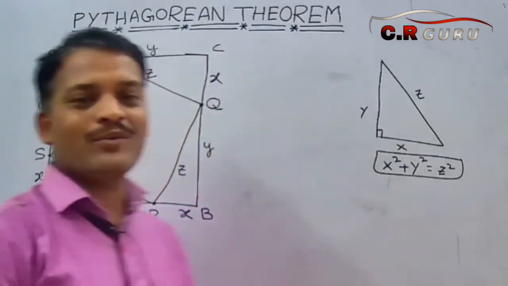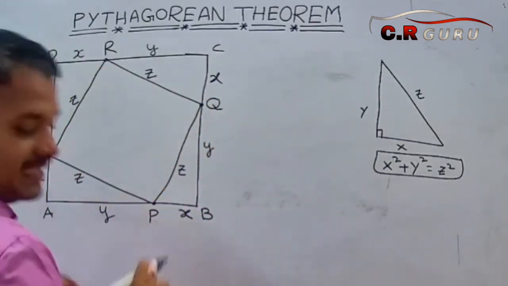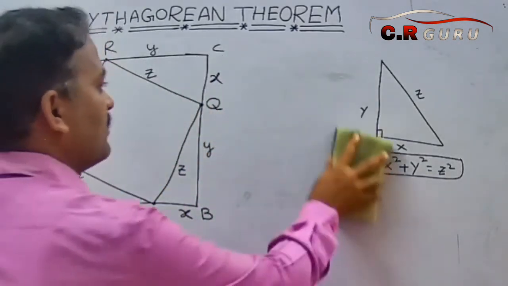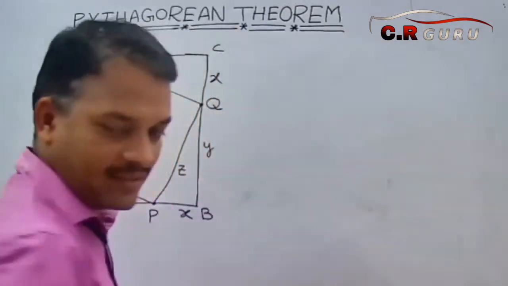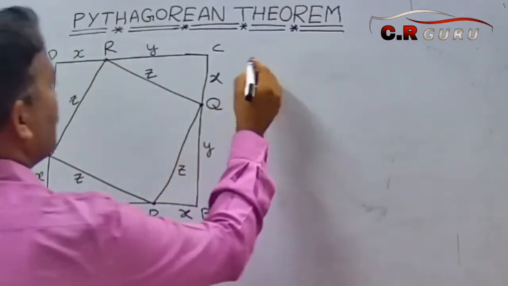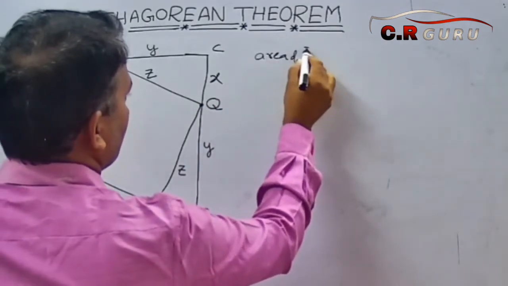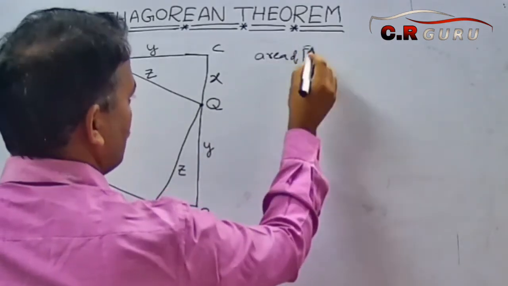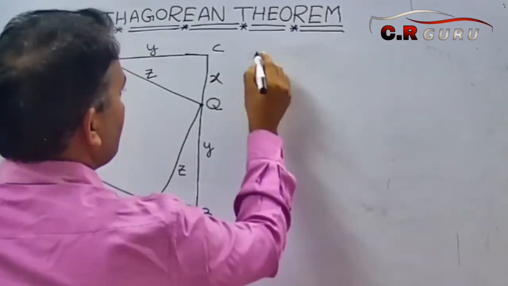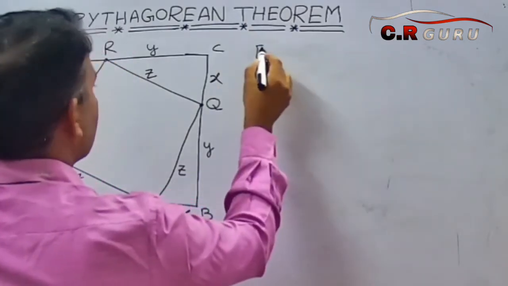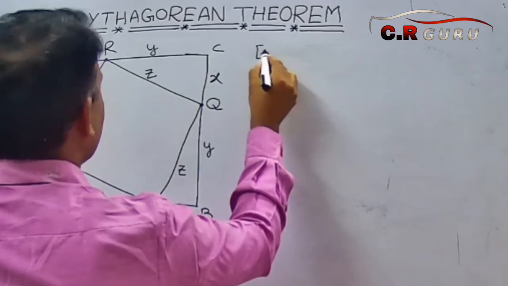Now in this outside square, the area of square ABCD is expressed as area.